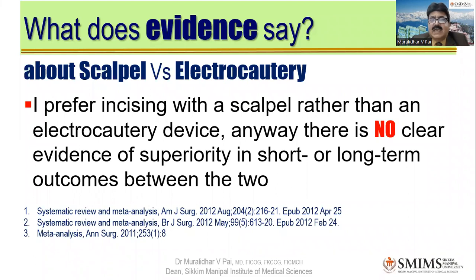Otherwise, it's always scalpel in Caesarean section. Anyway, there is no clear evidence of superiority in short or long-term outcomes between the two. So we can use scalpel. There is no need to. In fact, electrocautery can sometimes be a little bit dangerous during Caesarean section because the baby is there. If you overshoot, sometimes that can be a problem. So we totally avoid it.